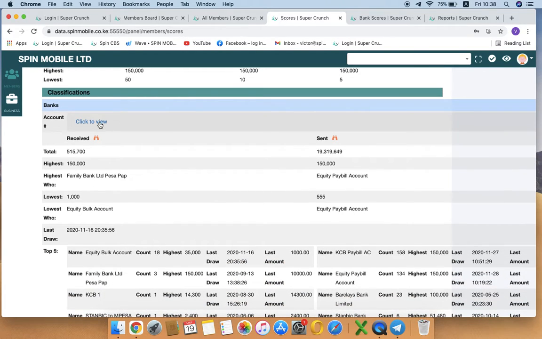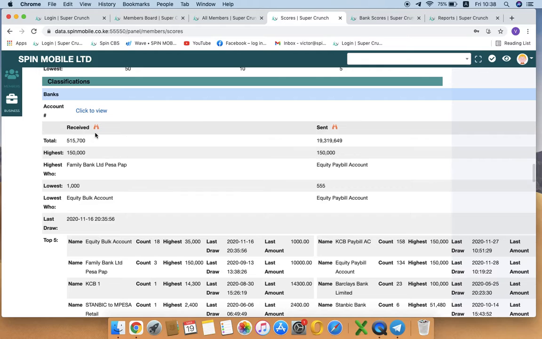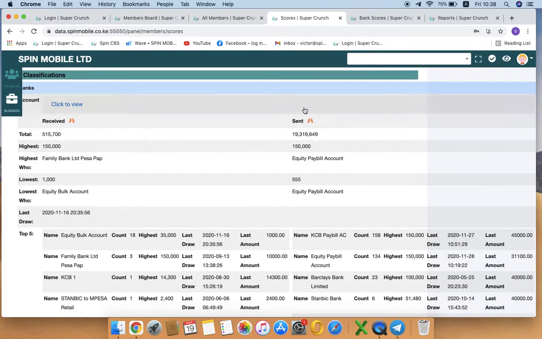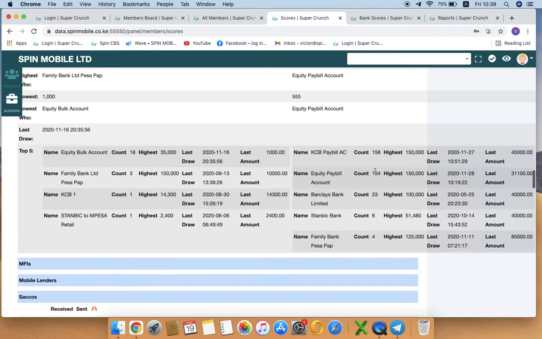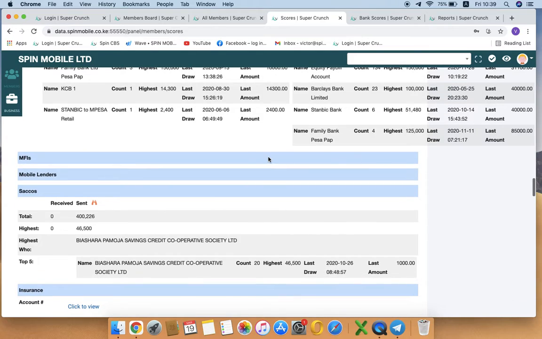You're able to see the bank accounts that he's been able to receive money from into his mobile wallet, and the bank accounts that he's sending money to from his mobile wallet. You're able to see specific banks have specific huge transactions, indicating that these are his personal accounts. You're able to see other microfinance institutions that he's probably borrowed loans from, mobile lenders that he's also taken loans from.